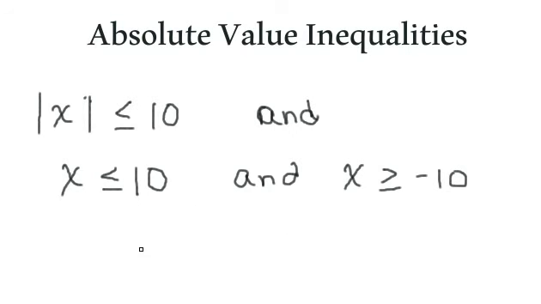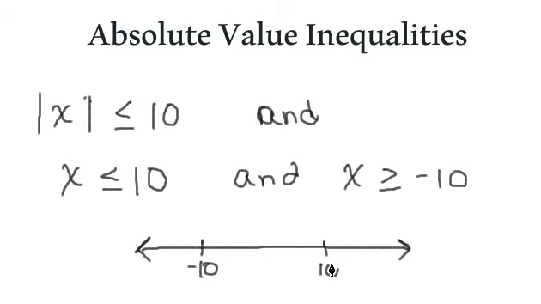Now, what exactly does this look like on the number line? Well, let's just draw it out. I suggest, when learning this for the first time, to definitely draw out a number line. So let's plot negative 10 here, and we'll put 10 right here, and I'll use a different color. So x is less than or equal to 10. Now we're including 10 here, so let me just put a solid dot.